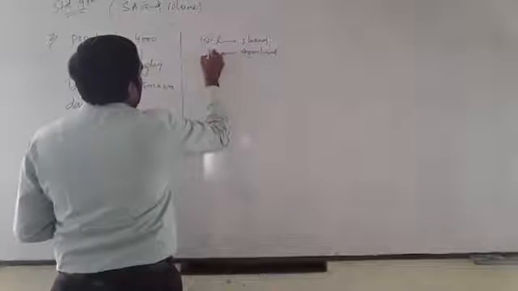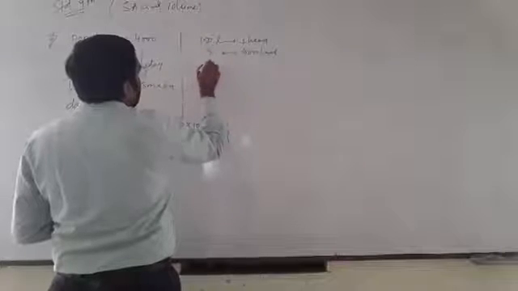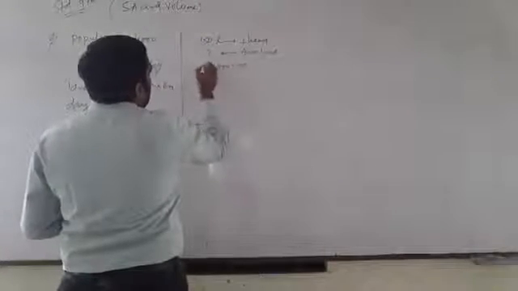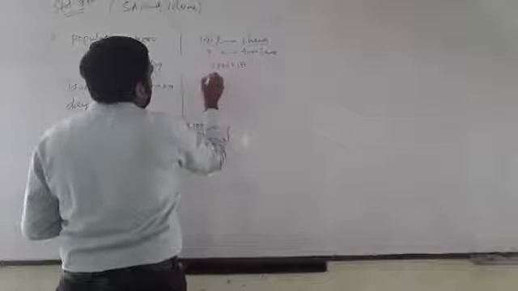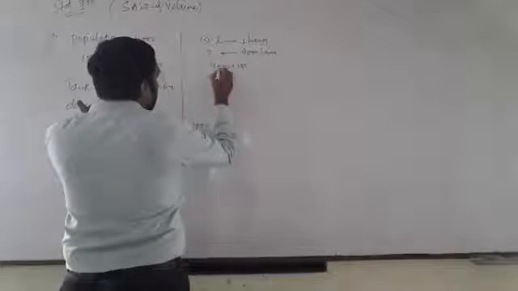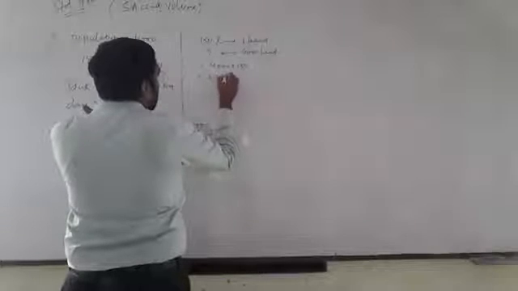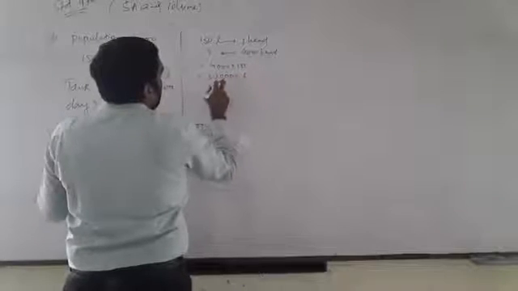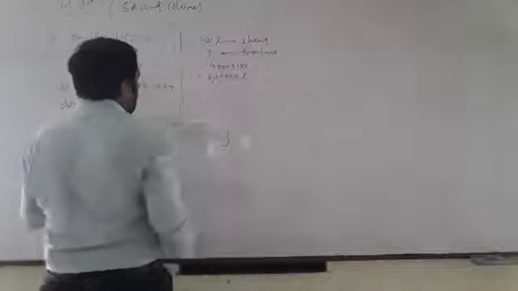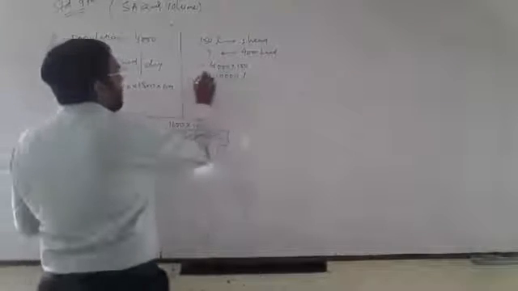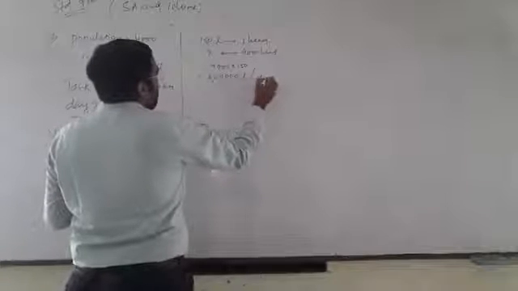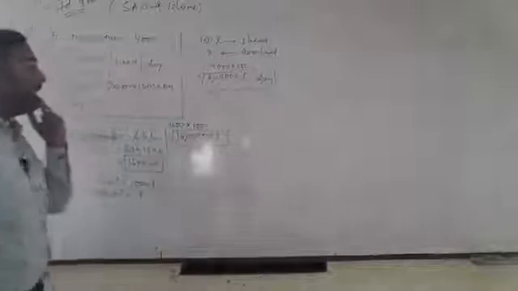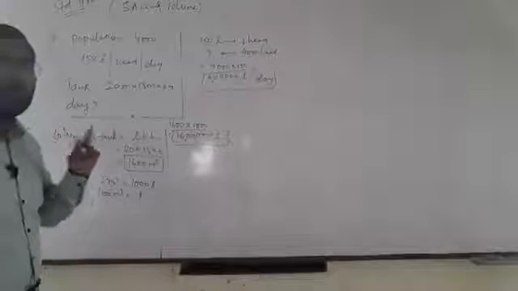For that, how much liter do we require? So 4000 into 150, that is 6 lakh liter we require per day. In one day we require 6 lakh liter of water.